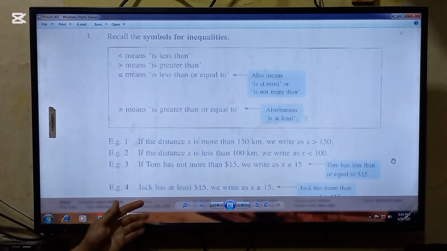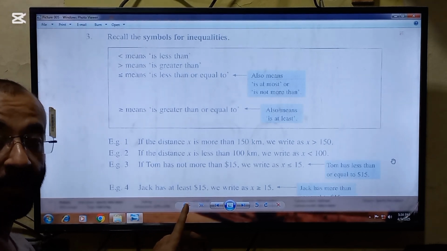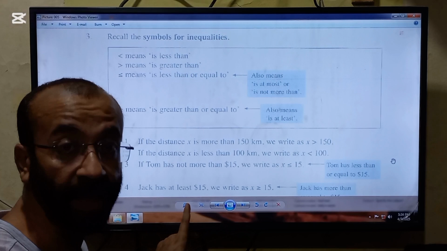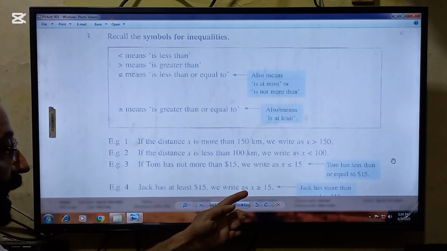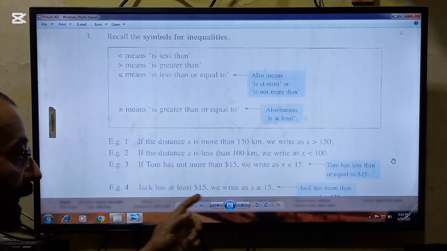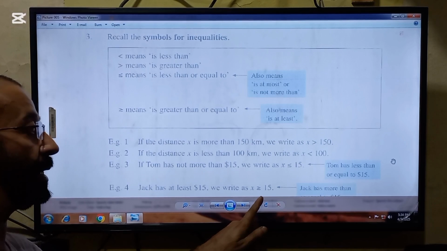Likewise, another example is Jack has at least 15. At least stands for the minimum one. So he can have greater than this. So the inequality for this will be x is greater than or equal to 15, because at least, so he can have greater than this.